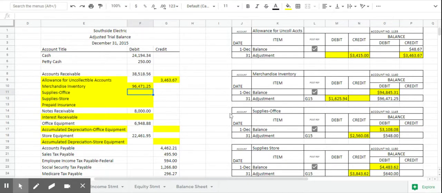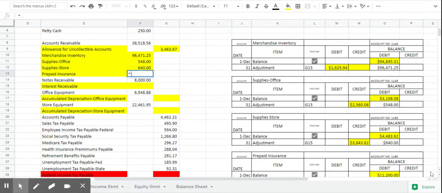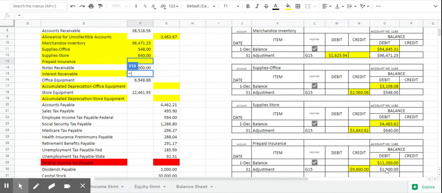Merchandise inventory, supplies, office supplies, store, prepaid insurance, 1,600, interest receivable, 69.33, accumulated depreciation is 45.45.